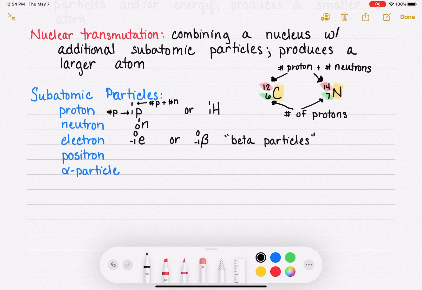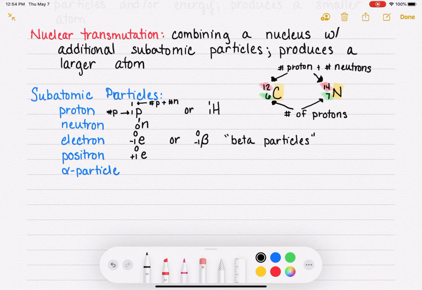The positron is the opposite of an electron in a true sense of the word, not the way the proton is. So the positron has the same mass as an electron, but it has an opposite charge. So for the positron, in order to really communicate the difference between a positron and a proton, we use the symbol e, just like we would do for an electron.